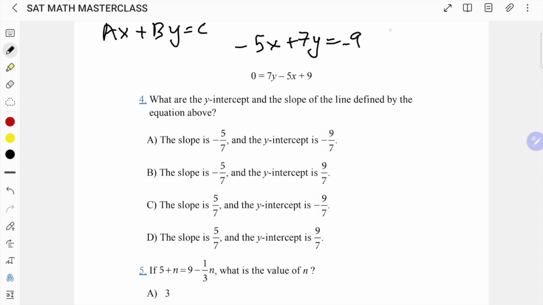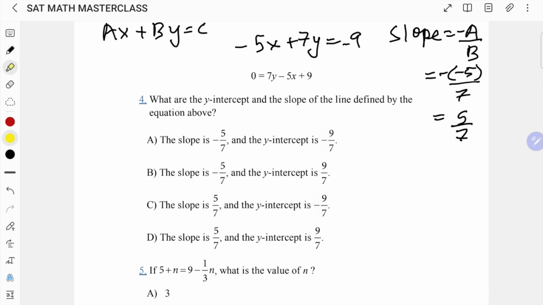And we know that the slope equals minus a by b, so it equals minus of minus 5 divided by 7. So we get 5 by 7 as the slope. So let's underline 5 by 7 as slope. So it will be either option C or D.